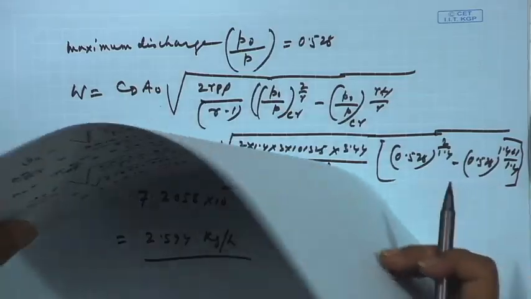So this way you find the velocity corresponding to the discharge, and the maximum velocity corresponding to maximum discharge, which comes under the critical pressure ratio, that is P0 by P equal to 0.528, right. Thank you.